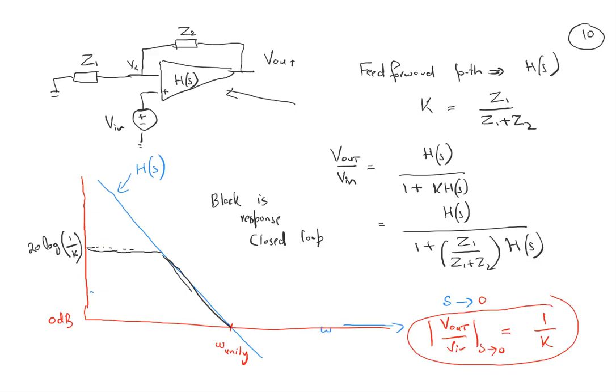I will put some numbers and show you this. And at a very high value of s, how is it behaving? V out over V in at a higher value of s, infinity for example, is behaving as H of s. It acts as the open loop. That is very interesting. How? Let's put some numbers and see. So what was V out over V in?